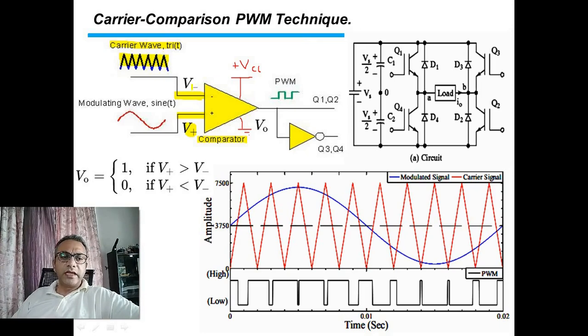We will connect the carrier wave, the triangular wave, to the inverting input, that is V minus, and we will connect the modulating signal, or the signal that we want to compare the triangle wave with, to the V positive input or the non-inverting input.